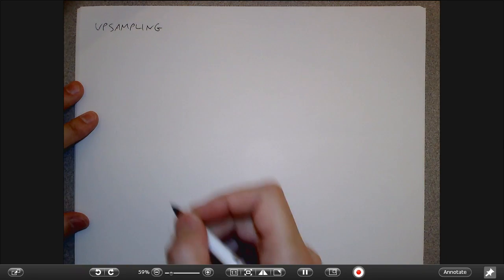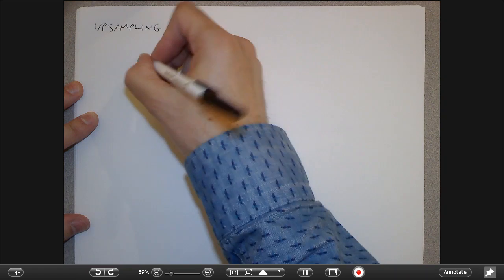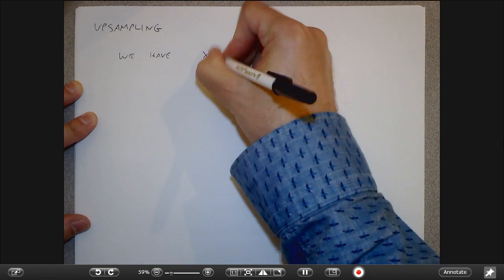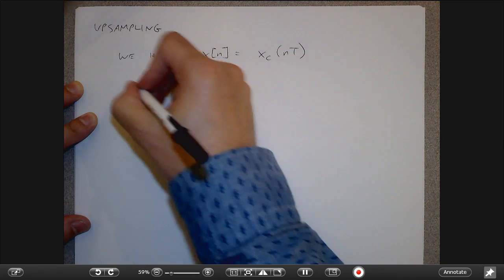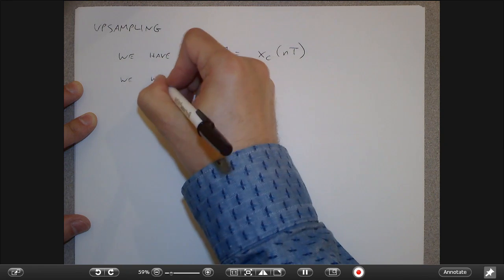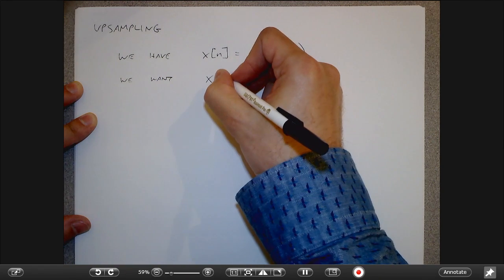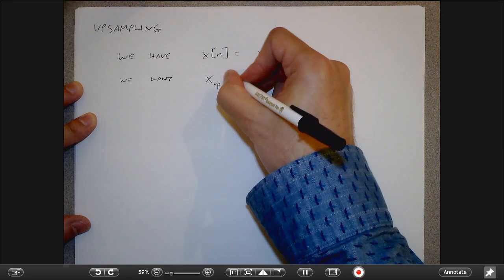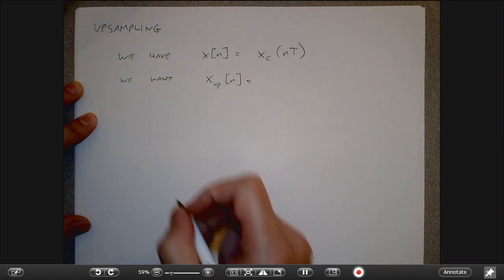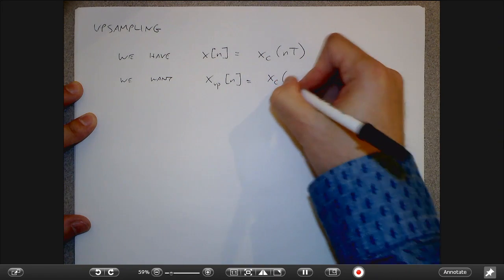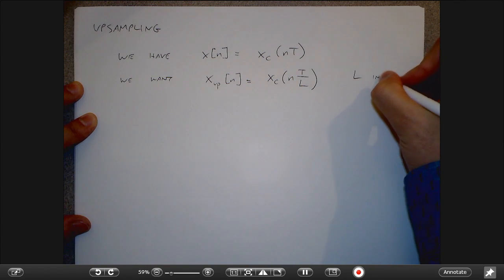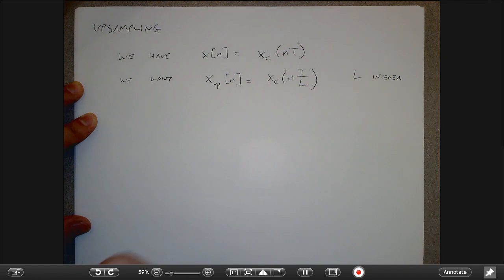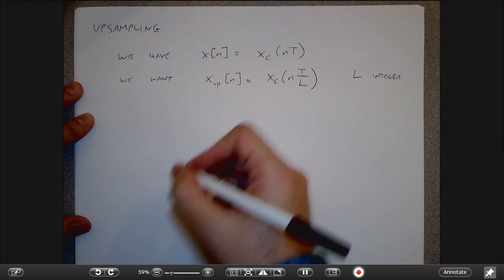And so that's like saying that we have x of n, some set of samples like this, and we want x upsampled of n to be equal to the continuous time signal sampled at some faster rate. Okay.